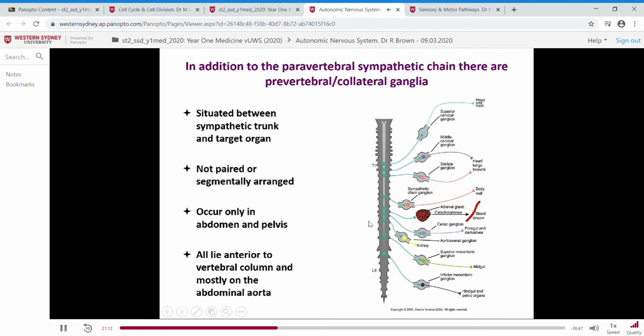So they're generally your splanchnic nerves. And they all lie anterior to the vertebral column and mostly on the abdominal aorta. So here you've got a superior cervical ganglion, middle cervical ganglion, celiac ganglion. So you've got a few different ones there, but they're always going to the abdomen and the pelvis.